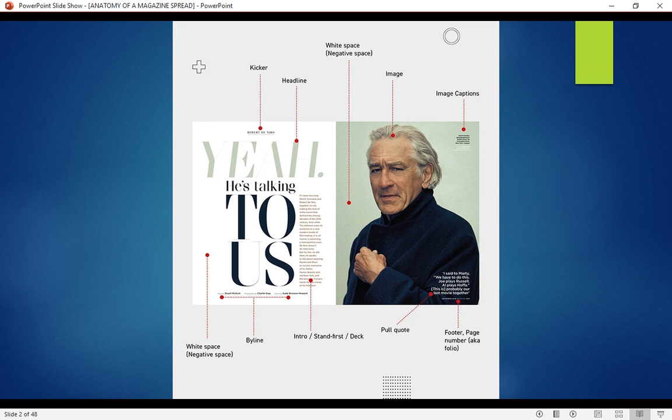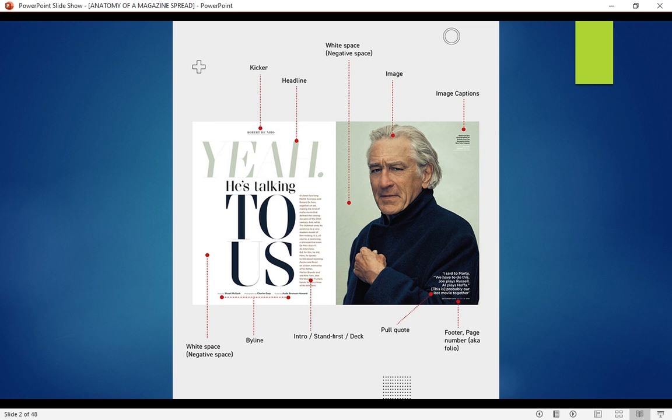You can see that this page has a link to this page, as the writing over here has some similarities with this. You may see the image over here, but what the image is depicting is what is written over here. It says he's talking to us, and this man over here is talking to us. So always when you are designing a magazine, these are some of the things you should consider.